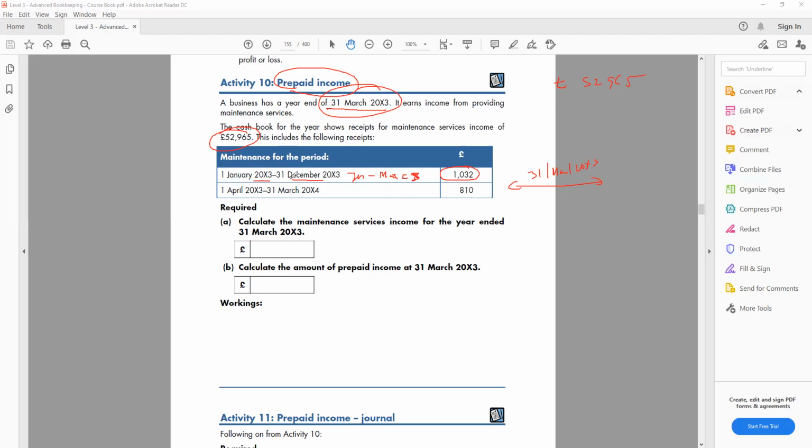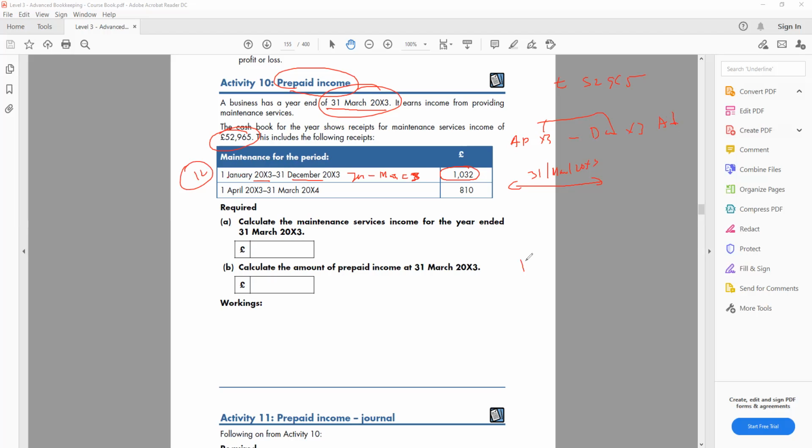The other money, from April 2003 till December 2003, you have received in advance, isn't it? Because January to December is 12 months, and our year is ending in March. So January, February, March, our year ends in March. After March, anything not relevant to this period will be prepaid income.